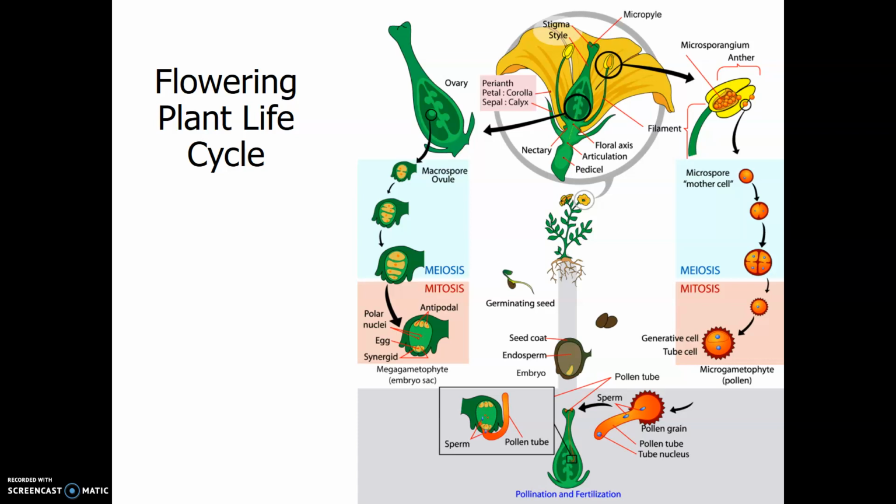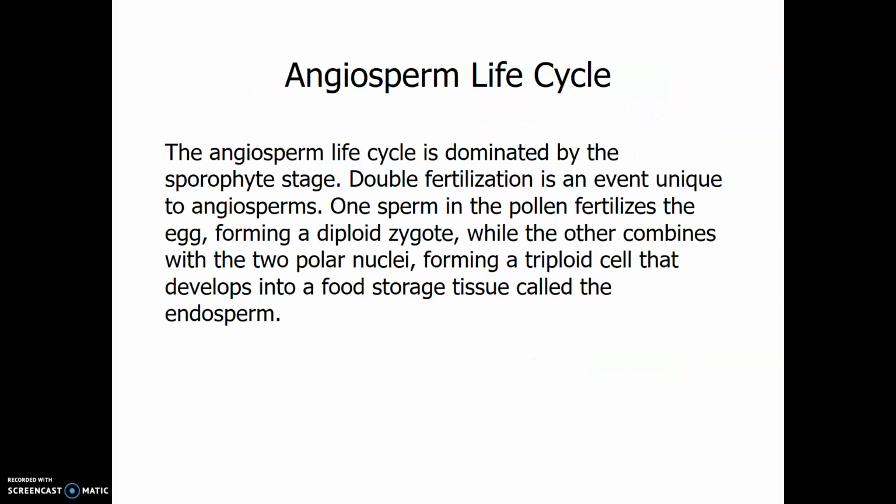The main thing is where this gets really complicated, which is pollination. It's not just like one sperm pollinates one egg. Double fertilization is unique to angiosperms. Okay, let's read about it first and we can go back and look.